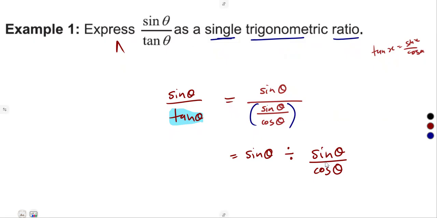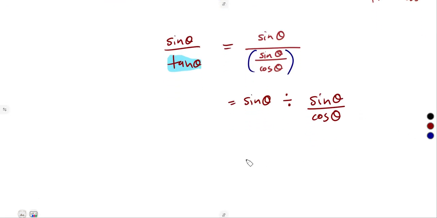Remember, guys, it is not just about trigonometry here. In simplification, you refer back to your fractions, everything. Where a division is, we get rid of that by introducing a multiplication. So this is the same as sine theta over 1, multiplied by the second fraction interchanged.